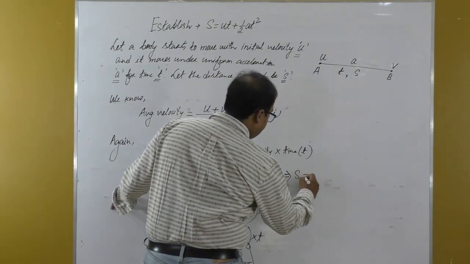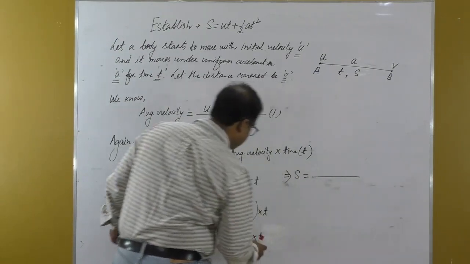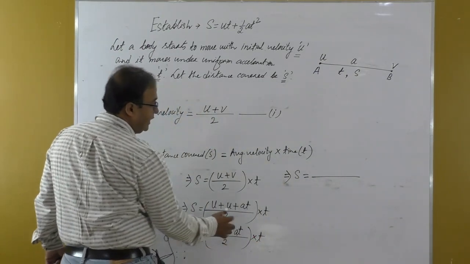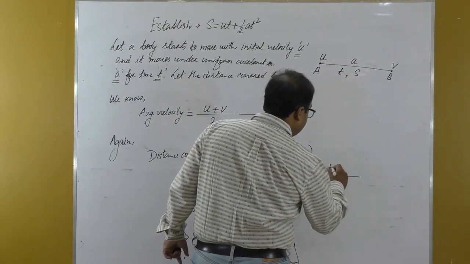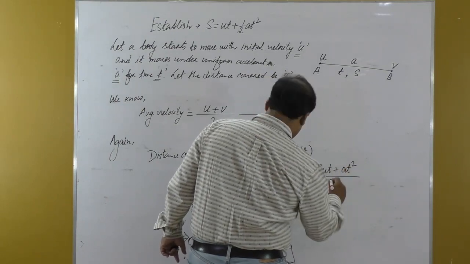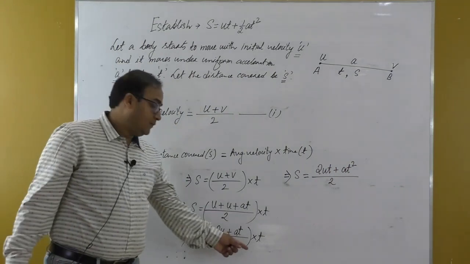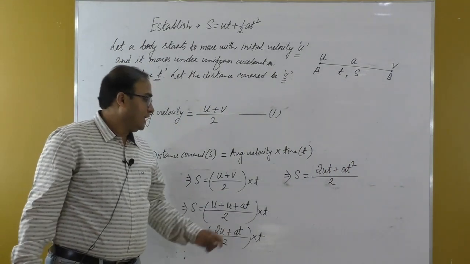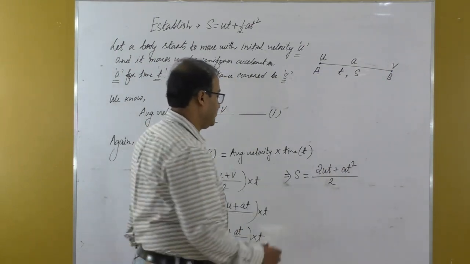So s equals, now if you multiply this t with 2u and at, we'll get 2ut plus at square by 2. So after multiplying this t with 2u and at, you will get 2ut plus at square by 2.